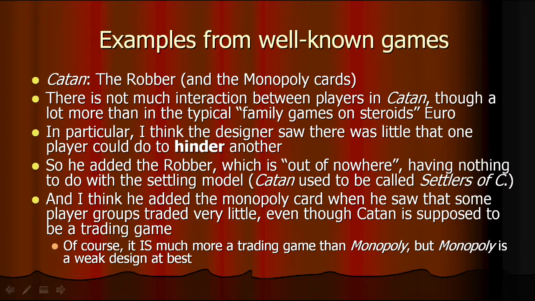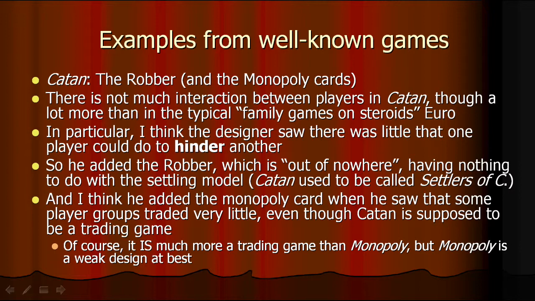Then the monopoly card is something that takes all the resources from all the players and puts them into the hand of the player who played the monopoly card. Well, then you have to trade if you want to get those resources. And I think the designer added that card to make people trade, because in some groups there's not much trading. It depends on the group.